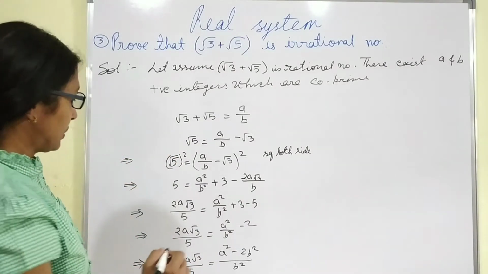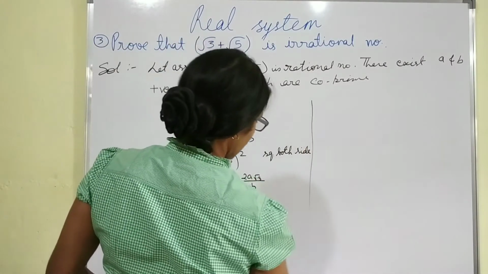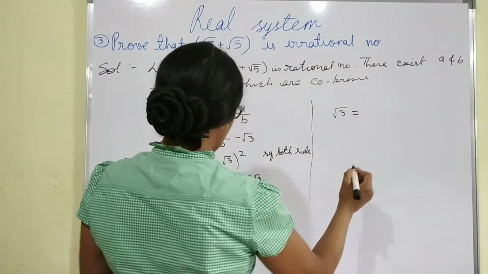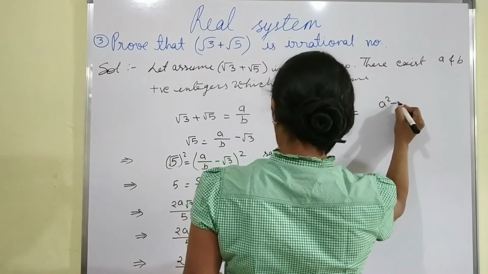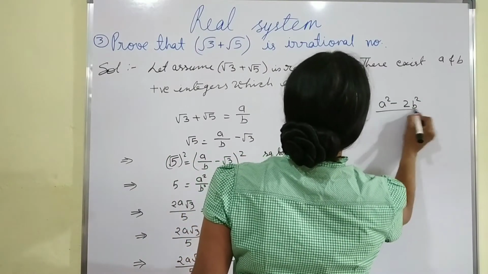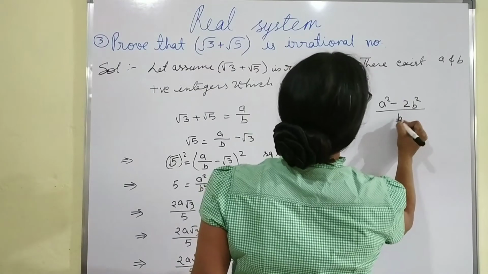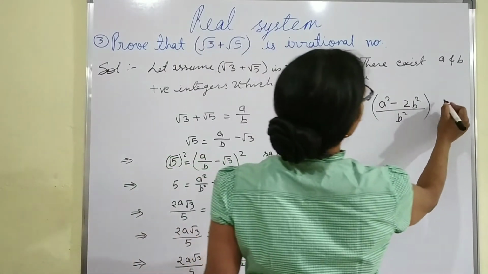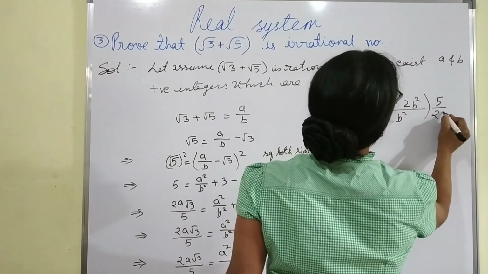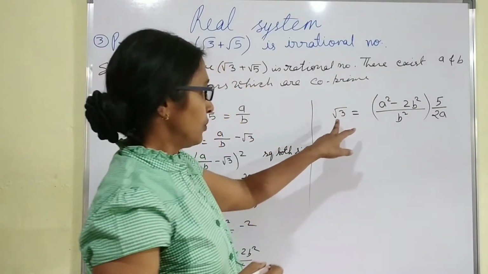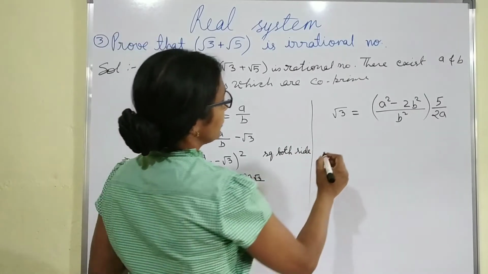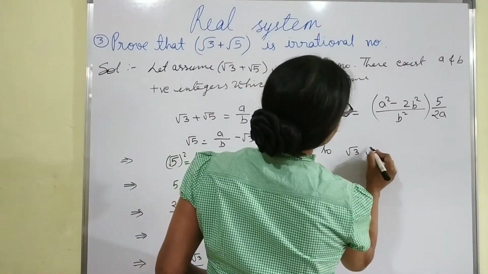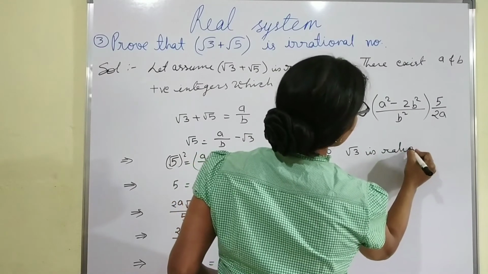So root 3 equals A square minus 2B square upon B square into B upon 2A. Okay? So, root 3 is a rational number.